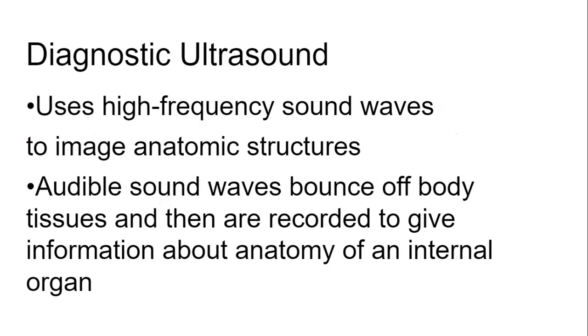Moving on to diagnostic ultrasound, which is on page 600. It uses high frequency sound waves to image anatomic structures. Sound waves bounce off the body tissue and then are recorded to give information about the anatomy of an internal organ.